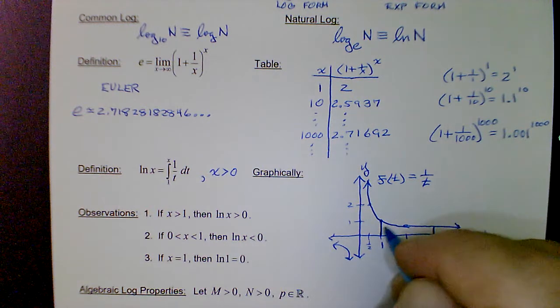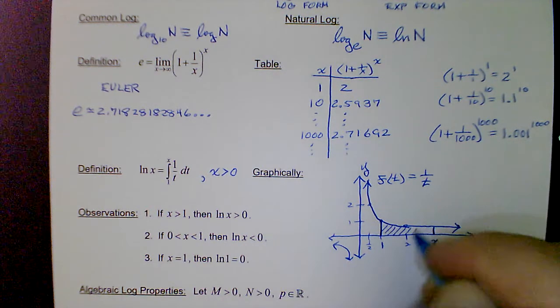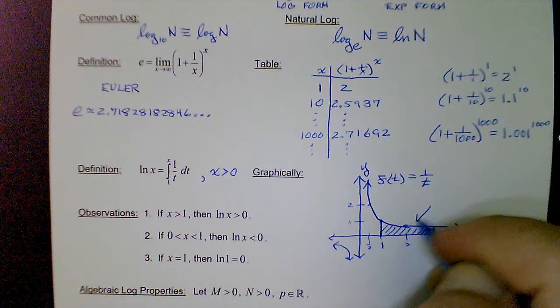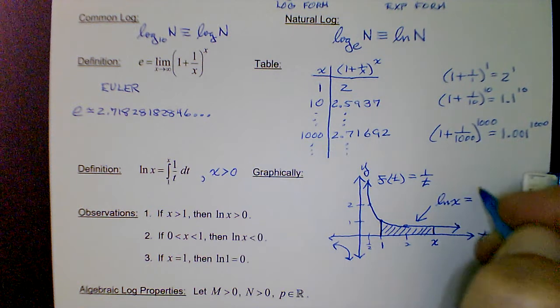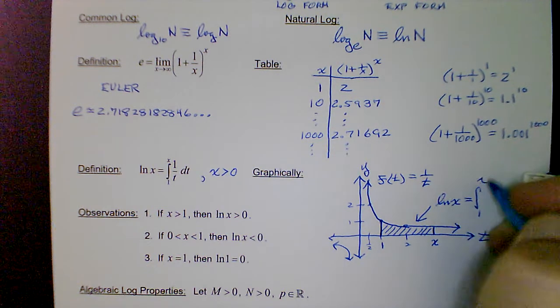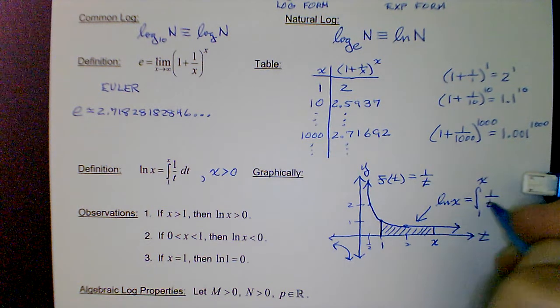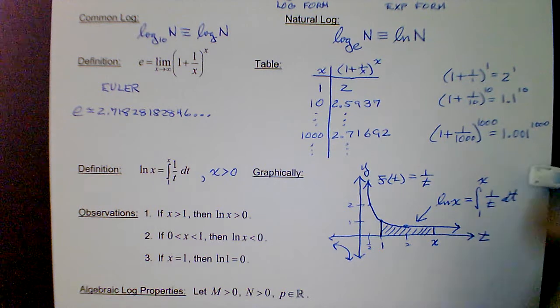And so that area in there is actually our definition for the natural log of x. Again, the integral from 1 to x of 1 over t with respect to t.